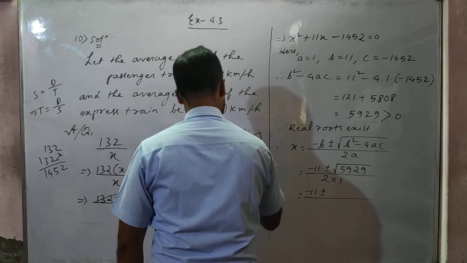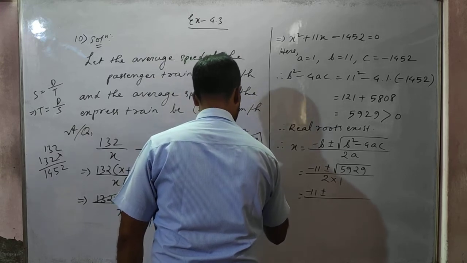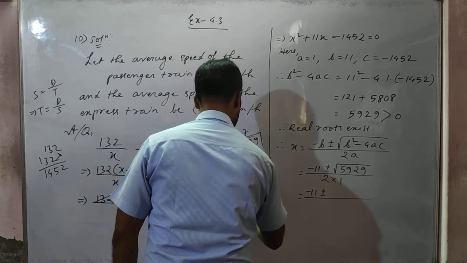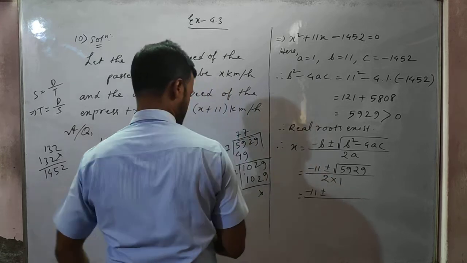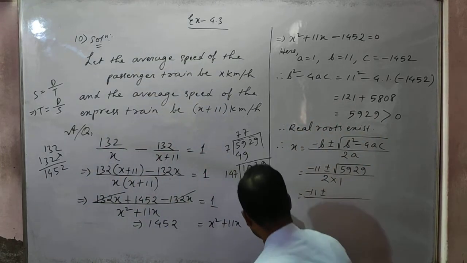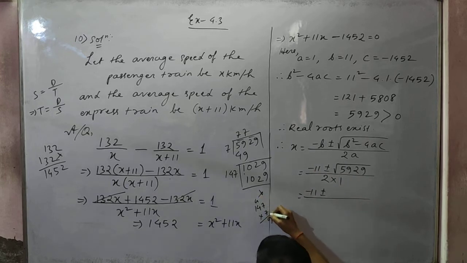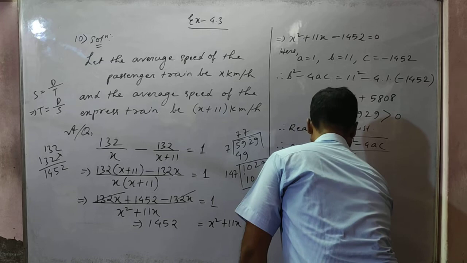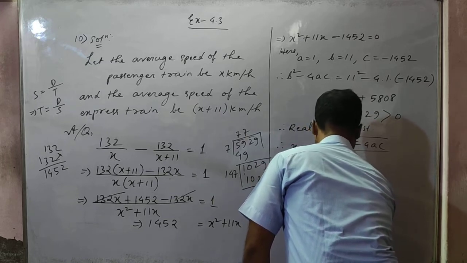So the square root is 77. So this will be plus minus 77.